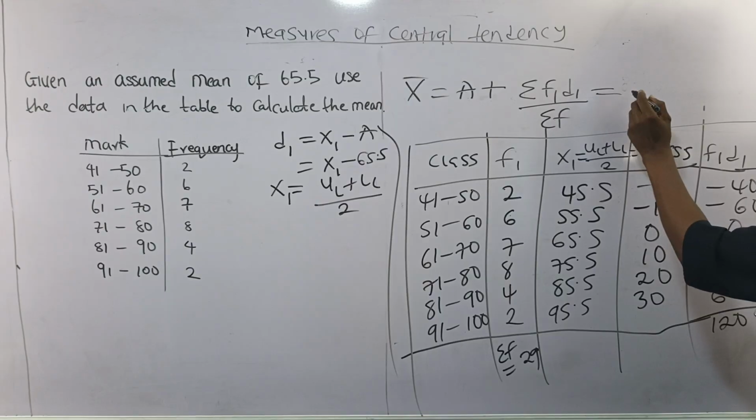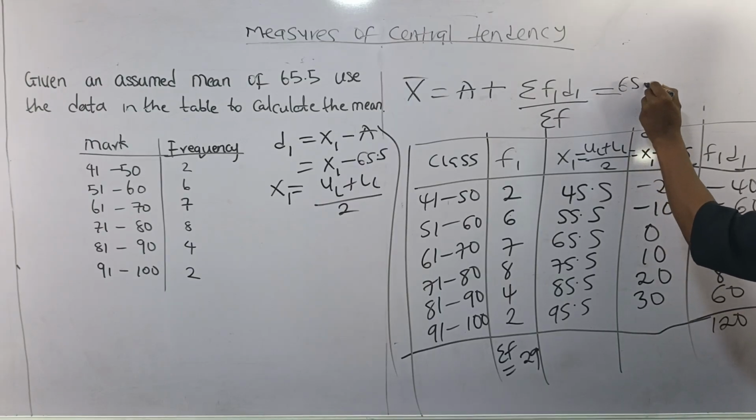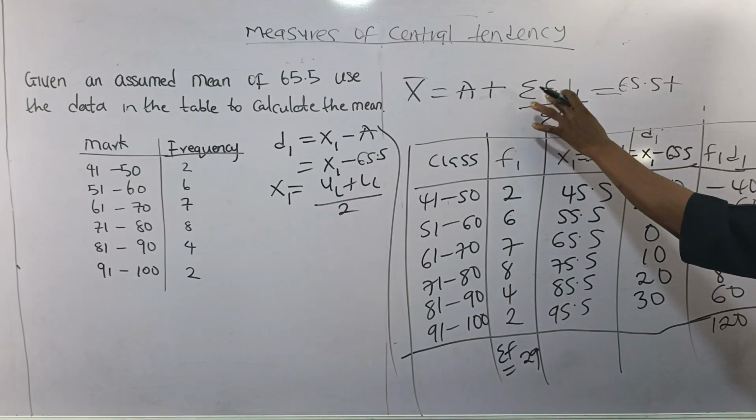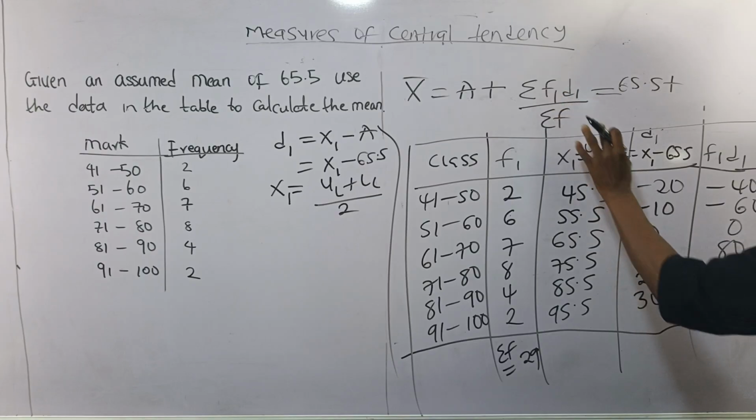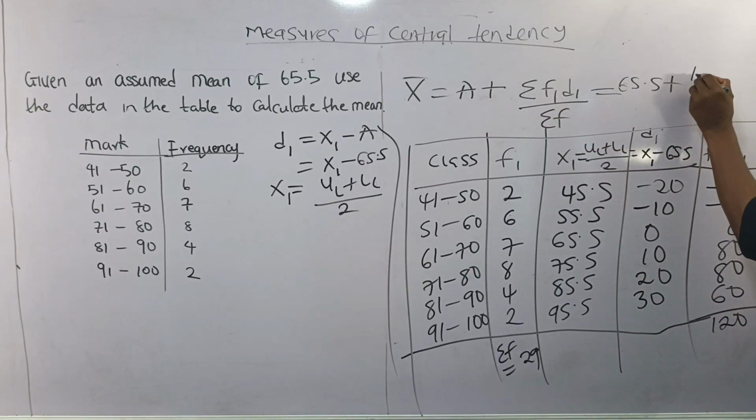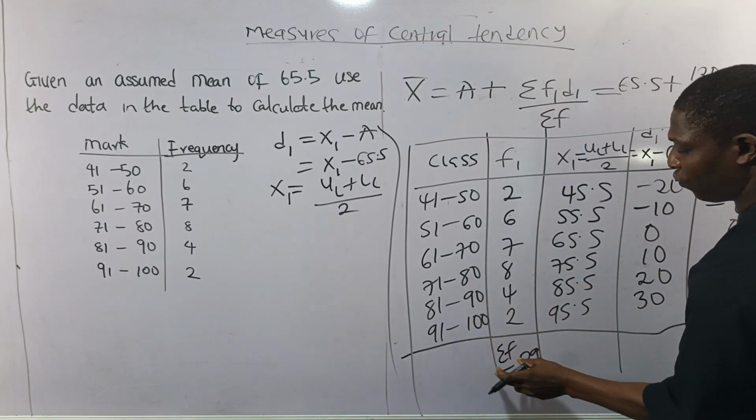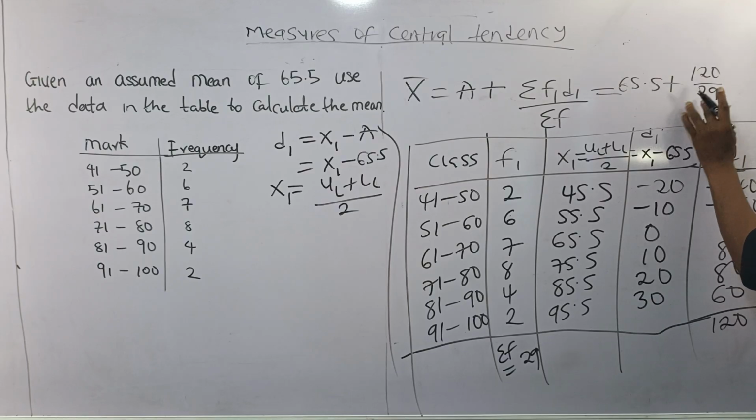My assumed mean was 65.5 plus summation F1 D1, which is 120, all over 29.